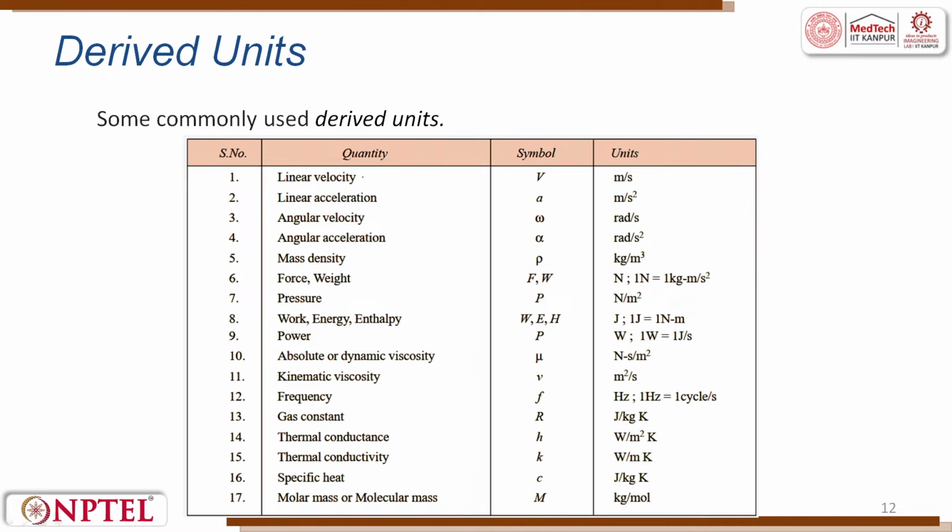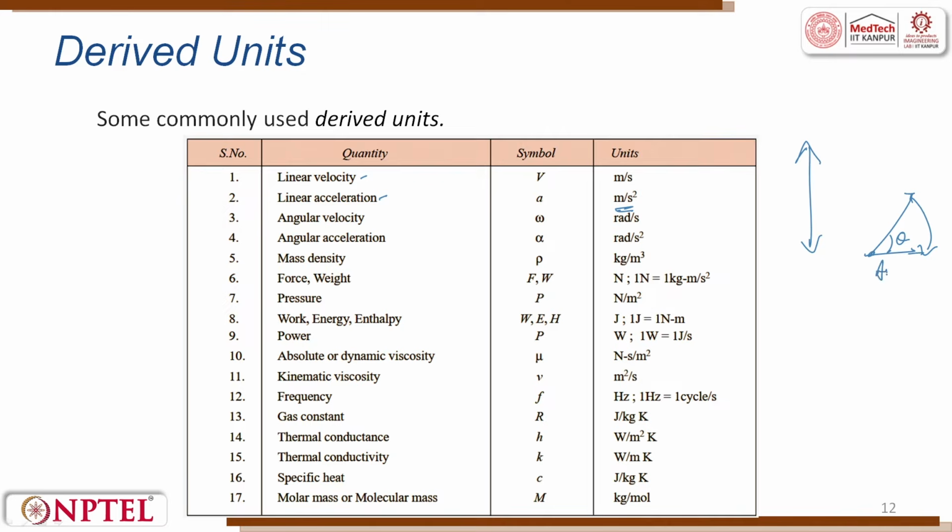So, you can have linear velocity, linear acceleration. Linear means along a line. So, the symbol can be v, the units can be meter per second. The acceleration will always be expressed in terms of meter per second square. So, it will be 2 times in second, second square. So, this is linear, this is angular, theta is there.